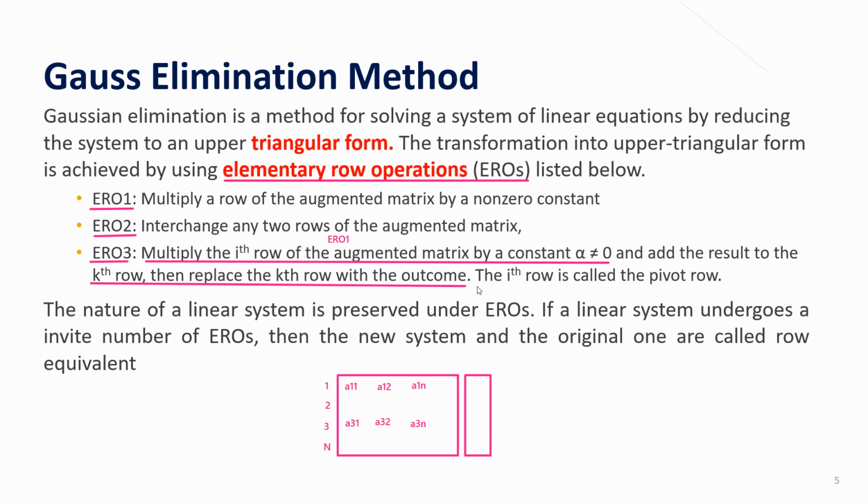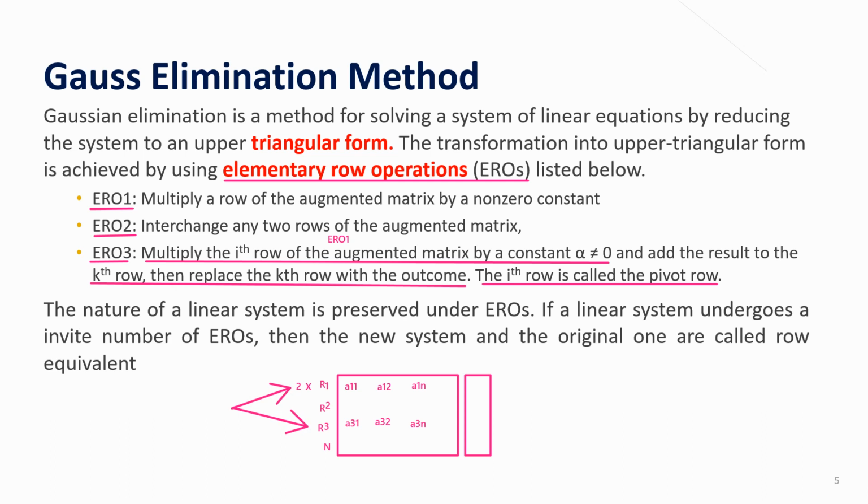Meanwhile, the row that you multiplied with the constant, the I row, will be called the pivot row. For example, let's say you want to multiply row 1 by 2, and then you add this result to R3.